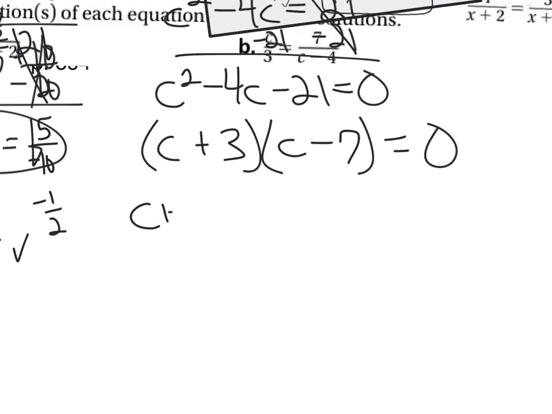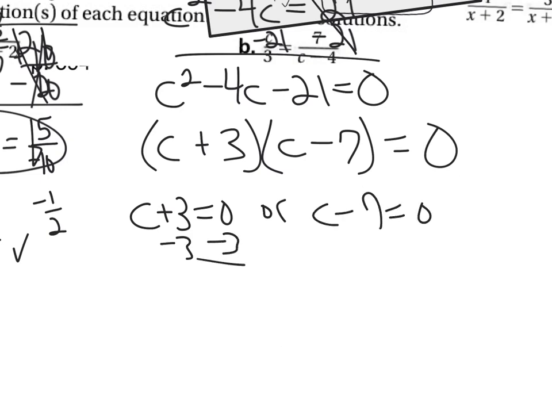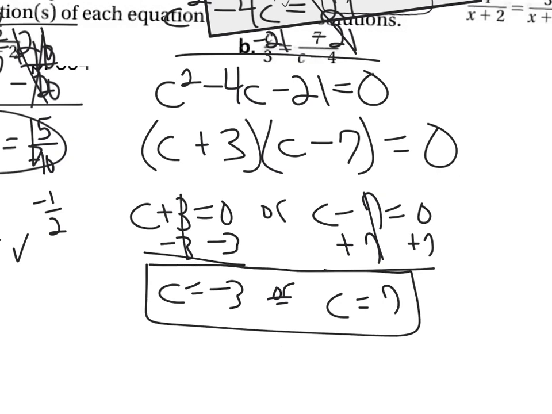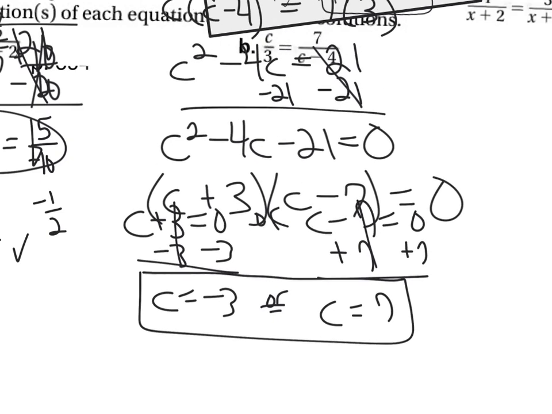And so that means either c plus 3 equals 0 or c minus 7 equals 0, which means c equals negative 3, or c equals 7.